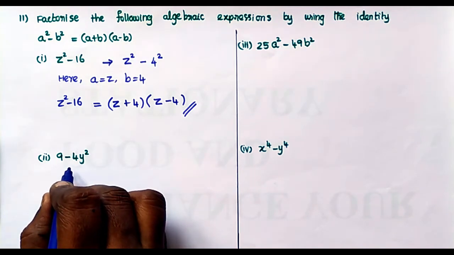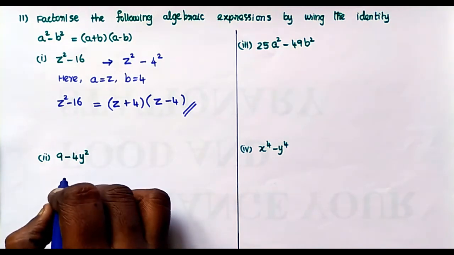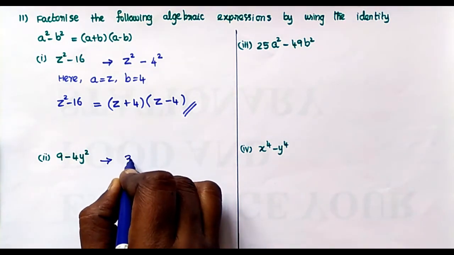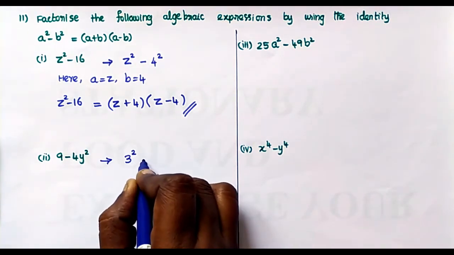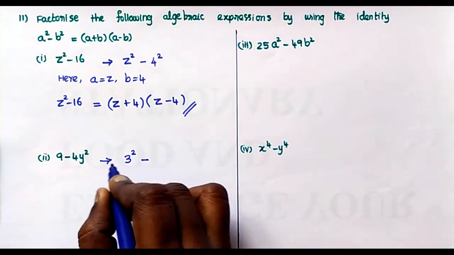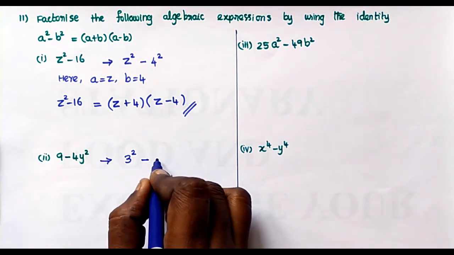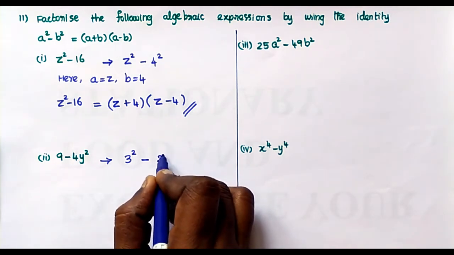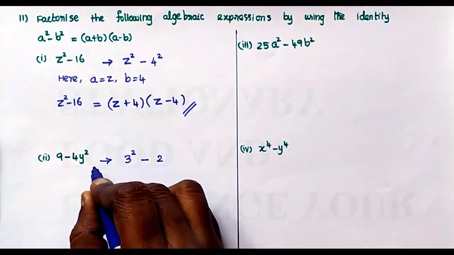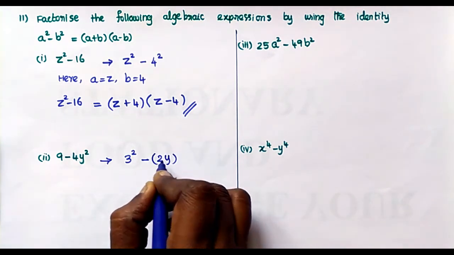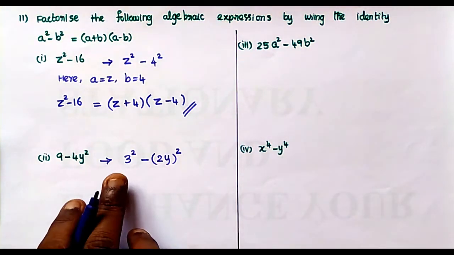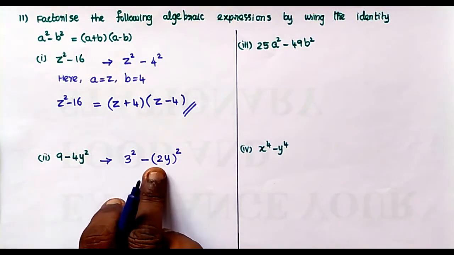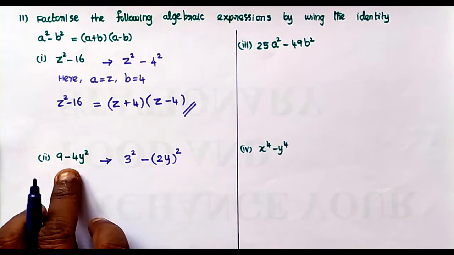Next one, 9 minus 4y whole squared. 9 minus 4y squared. Listen, 9 is 3 squared minus 4y squared. How will you write the 4 as a squared value? That is 2 squared, 2y squared. Now listen, 3 squared, that is 9, minus 2y squared, that is 4y squared.